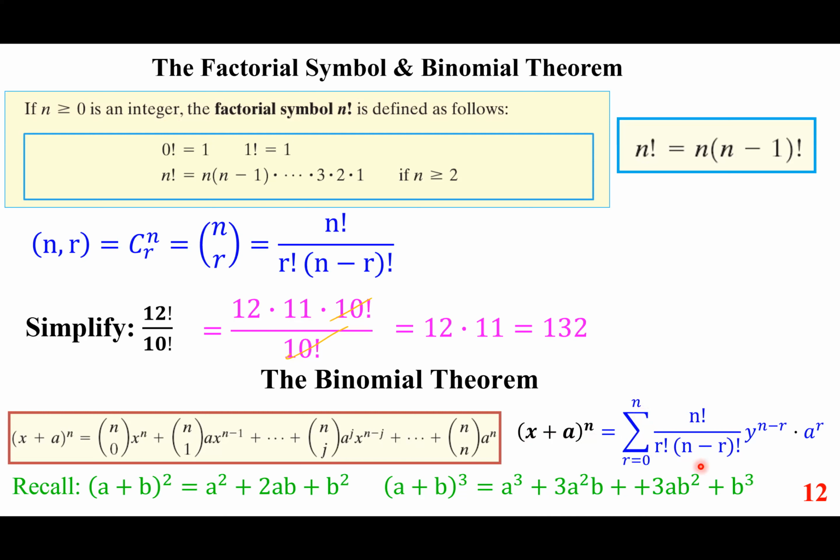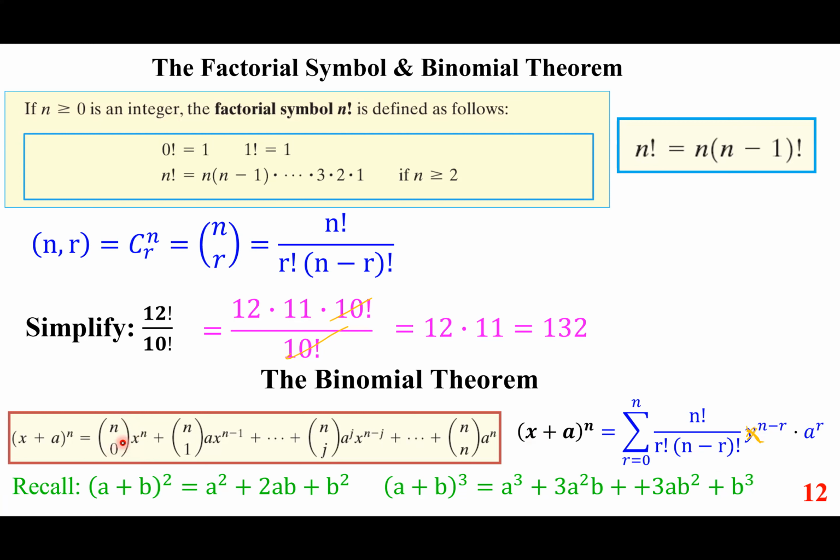You write this combination formula, and this is x, to the power of n minus r, and a to the power of r. So for example, if r is 0, this becomes n minus 0, or n, this becomes a to the power of 0, which is 1, and that's the first thing that you end up with because n choose 0 is 1.